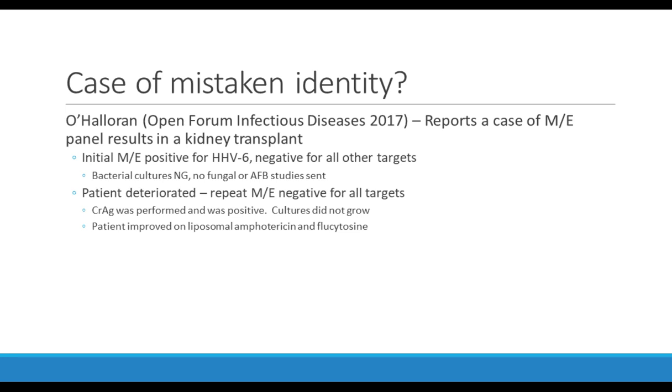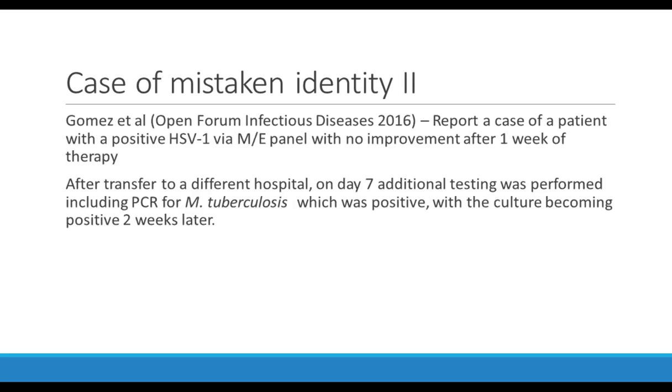Once the patient deteriorated, they started doing additional testing, including studies for fungal and AFB, and that included the cryptococcal antigen. That's when the patient started to improve, once they were placed on appropriate therapy for cryptococcus. So just because targets are present on the panel, it's important to realize the limitations of any approach, and that in some instances these tests are not a replacement for the current methodologies in use.